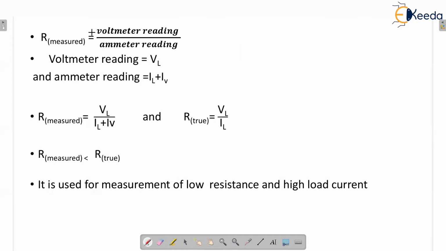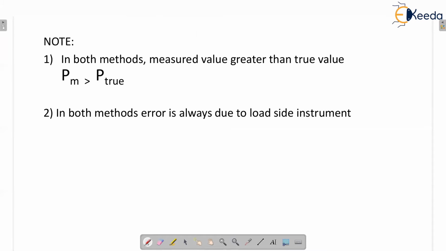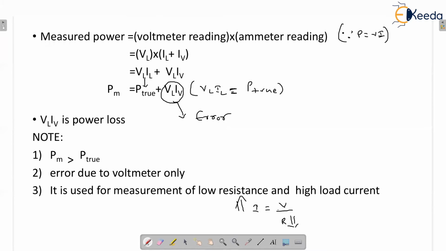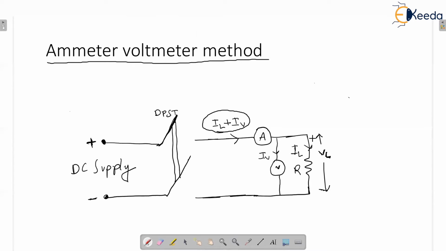Why? R measured is equal to voltmeter reading by ammeter reading. Please try to understand the same formula, R is equal to V by I. The voltmeter reading is equal to VL, because the voltmeter reads the voltage across the load.